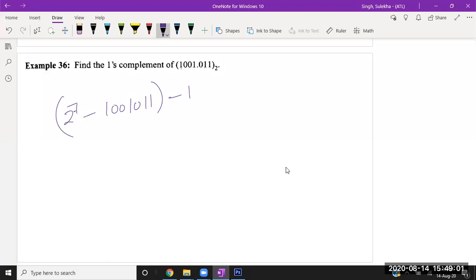After writing 1, 2, 3, 4, 5, 6 and writing 1001011, and whatever result you get, the result will be 0, 0.